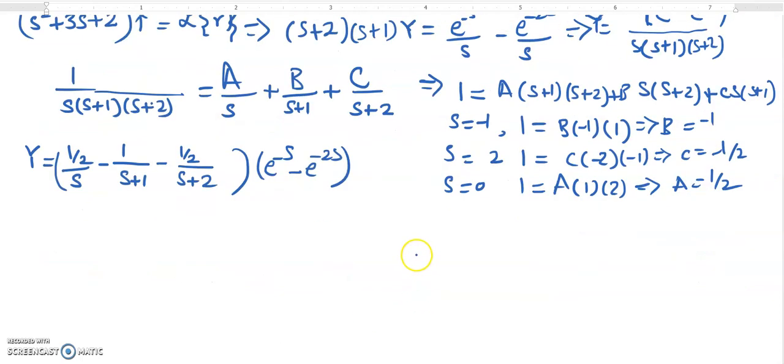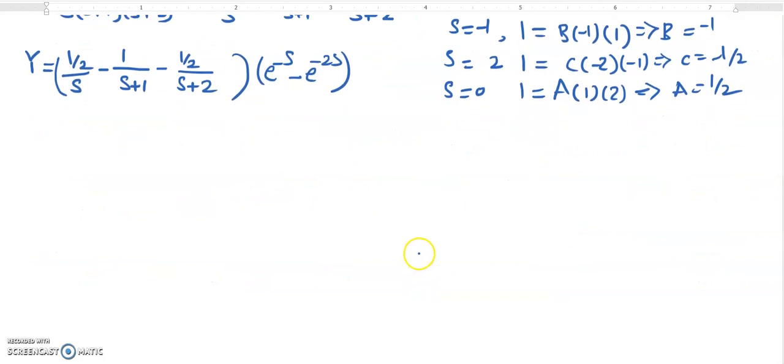Now we are ready to take the inverse Laplace transform of this, but let me write it in a more detailed form so that it will be clear.